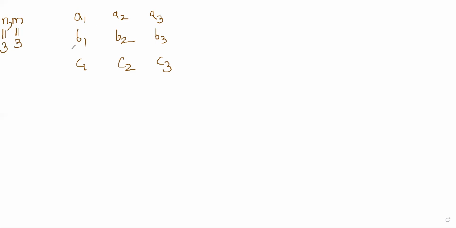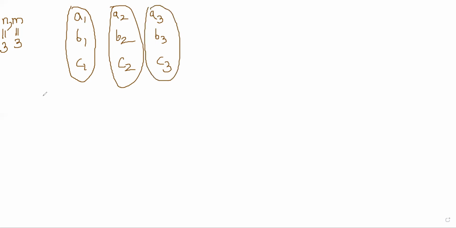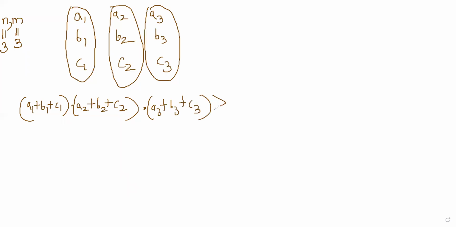So what does Holder's say? It says take the sum of these columns and multiply them. So you'll get (A1 plus B1 plus C1) multiplied by (A2 plus B2 plus C2) multiplied by (A3 plus B3 plus C3). And this is greater than or equal to, what do we do to the rows?